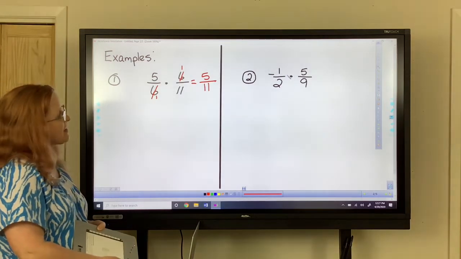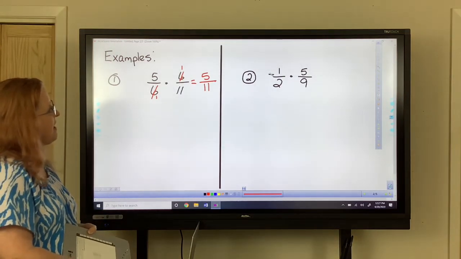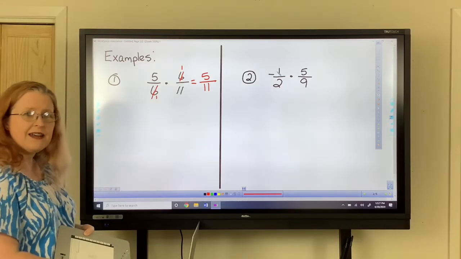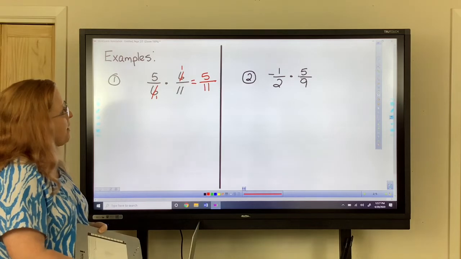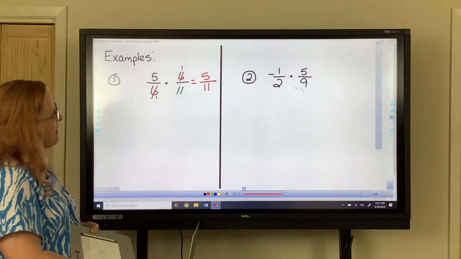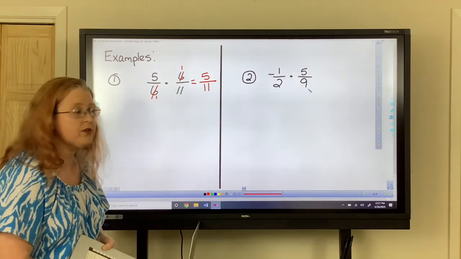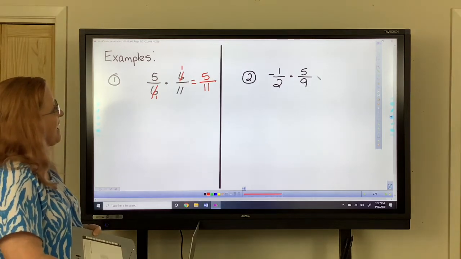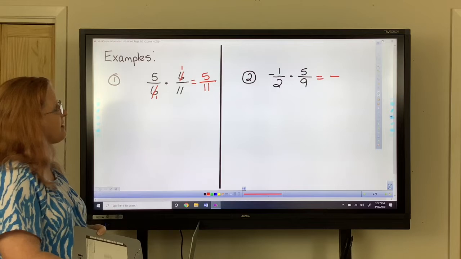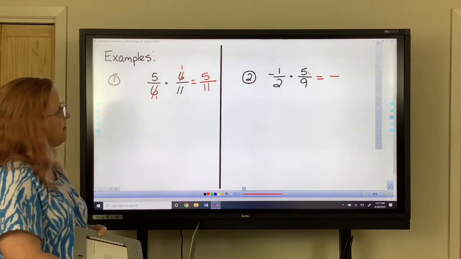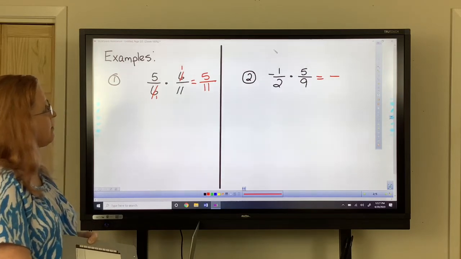All right, looking at number 2 here. 1 doesn't divide into, it divides into everything, so it can't be reduced. I don't see anything that can divide into the 5, so nothing can be reduced on this problem. And I know my answer is going to be a negative because I have a negative 1/2 and a positive.